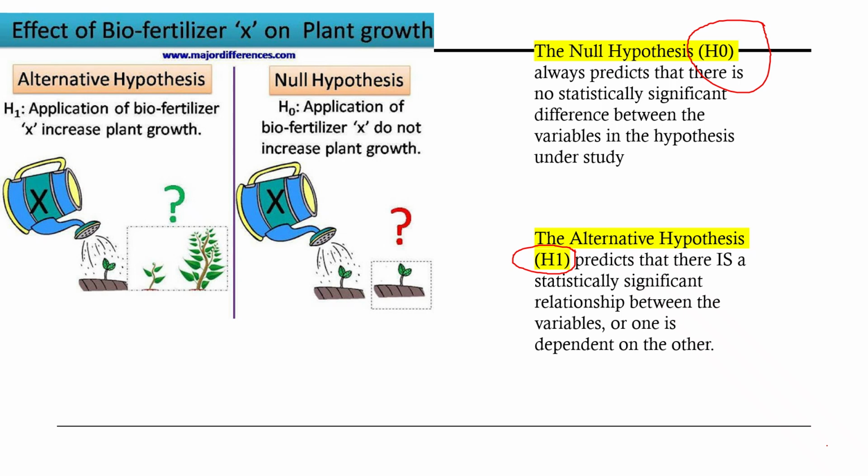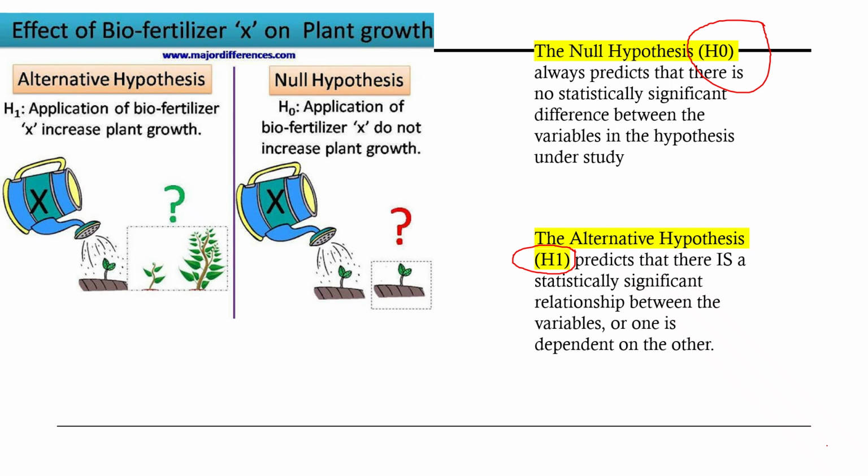So in this particular example, we're going to add some biofertilizer to our plants. And then we're going to ask, does that affect growth or does it not? Well, as we saw in our previous slide, that null hypothesis would always predict that there's no statistically significant difference between our biofertilizer and our non-biofertilizer.